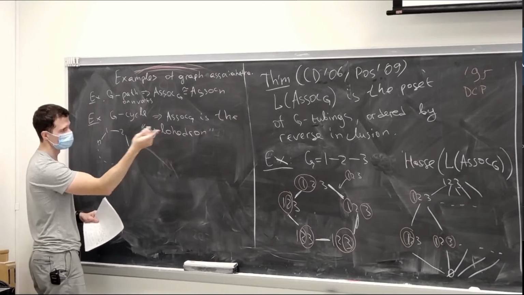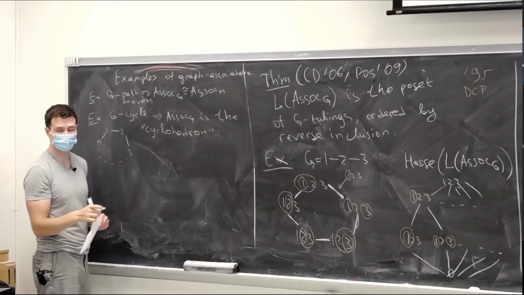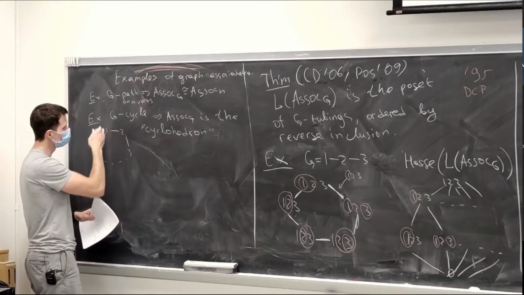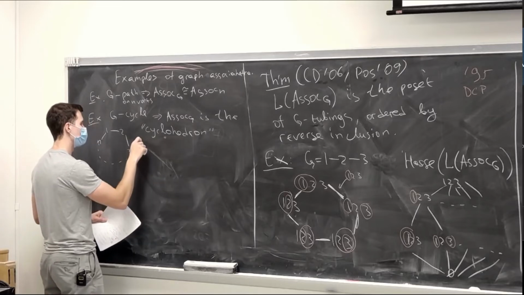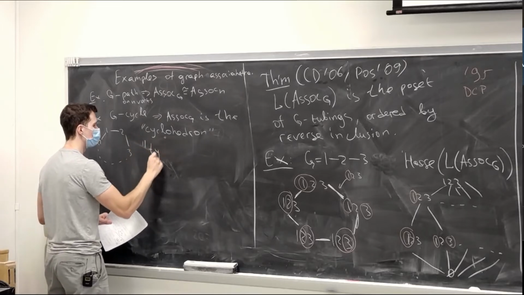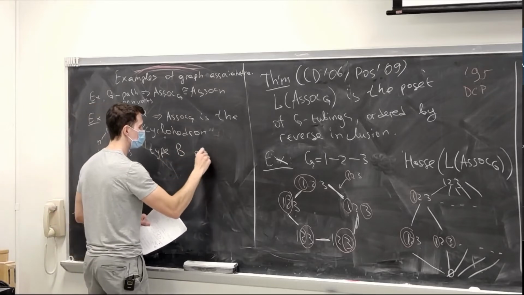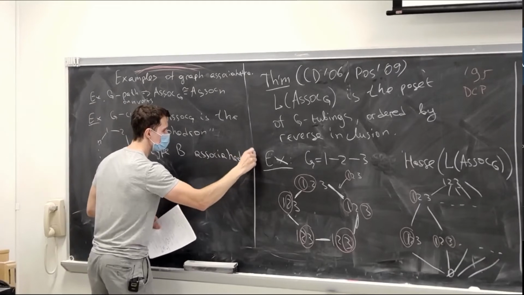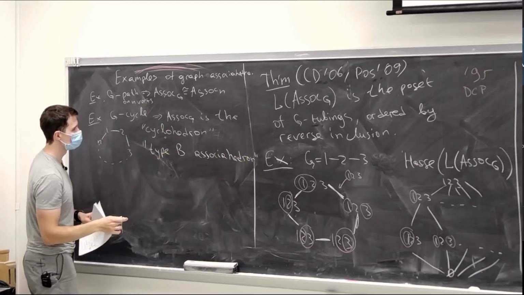It was constructed in '94, coming out of some knot theory. You can define it in terms of tubings, but there's another natural definition. Another name is the type B associahedron; in some sense it corresponds to the root system of type B.